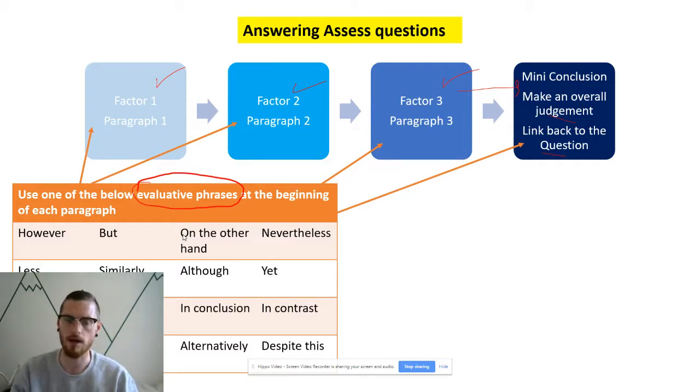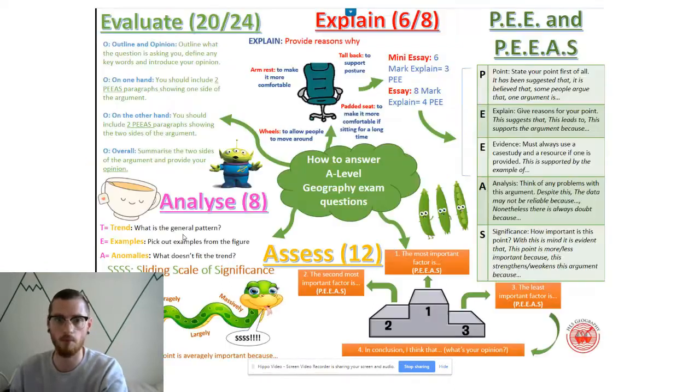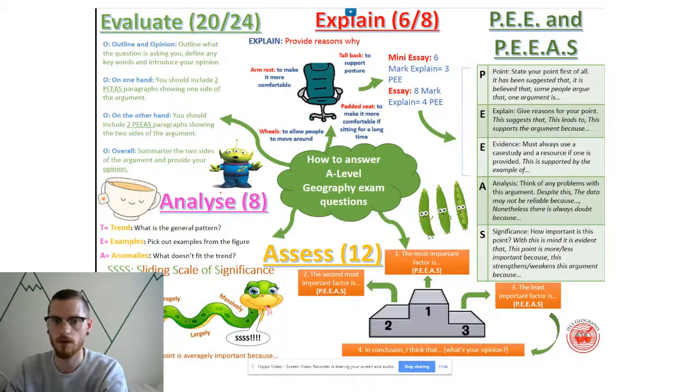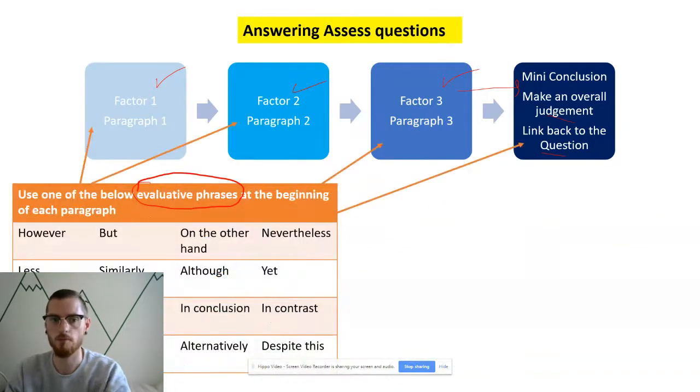I'm showing the examiner that I'm doing that weighing, I'm doing that evaluating as I go along, which we know the exam board have told us to do. Look, they're not writing evaluatively. We're doing it by using this language. So you start the next paragraph with however, showing that we're introducing a different point and we're starting to weigh up versus the prior.